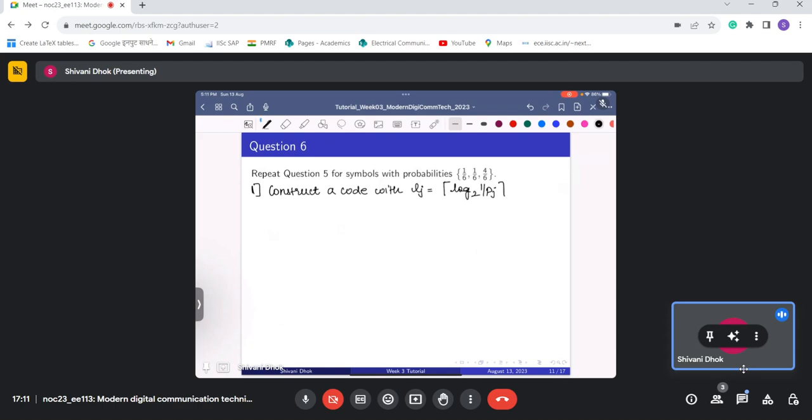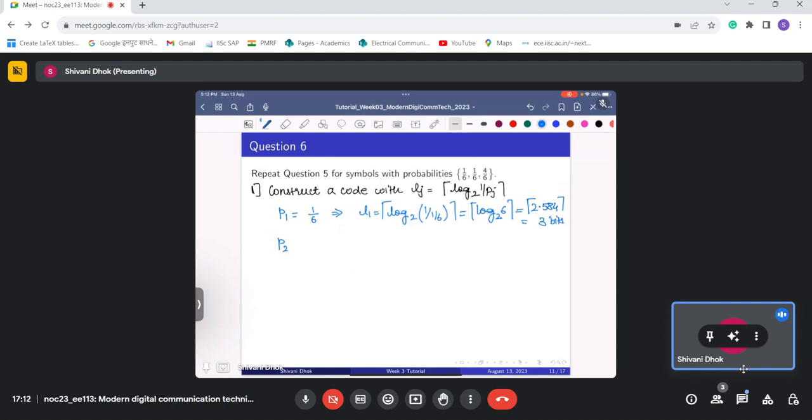So in that case, we have this P1 as 1 by 6, which means L1 is ceiling of log to the base 2 1 divided by 1 by 6, which is log to the base 2 6, which comes out to be ceiling of 2.584, which is 3 bits.